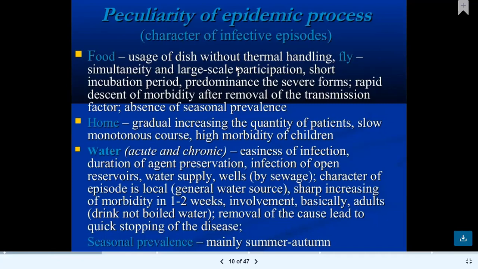Contact: the character of episodes is local, with a sharp increase of morbidity in 1 to 2 weeks, involving basically adults who drink unboiled water. Removal of the cause leads to quick stopping of the disease. Seasonal prevalence is mainly summer and autumn.